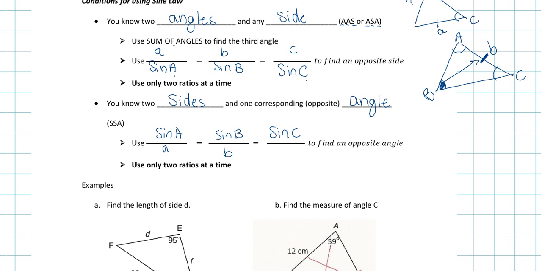That should be small c. So, let's say I know angle A, and I know side A, and let's say I know side B, then I can solve for angle B. I must have an angle and its opposite side.